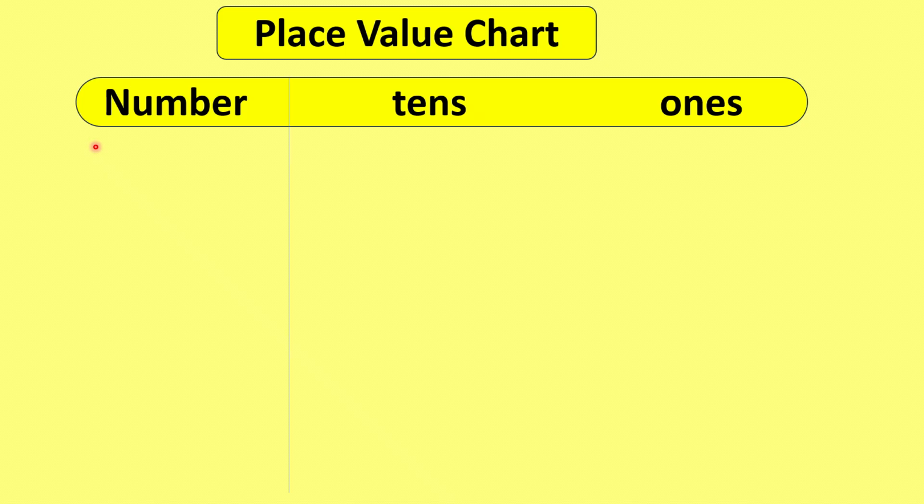The first question is 10. Don't worry about it. Just write the T and O, as I told you. It's totally up to you, bacha, what you write here: a capital T and capital O, or a small t and small o.